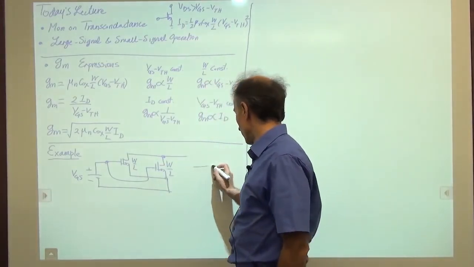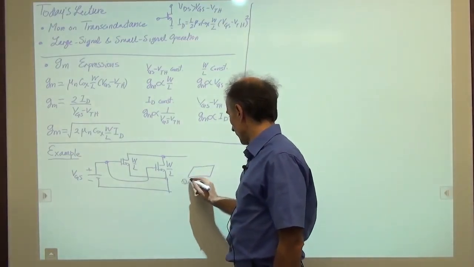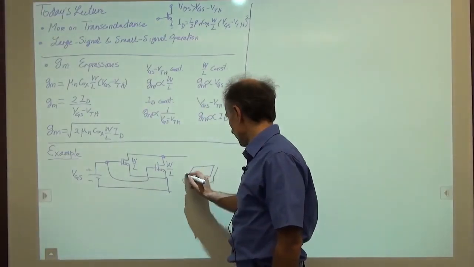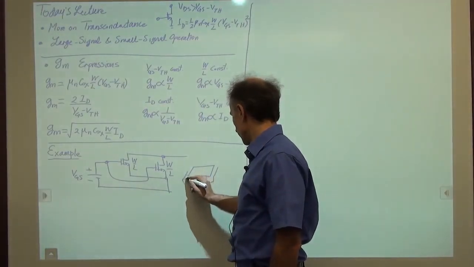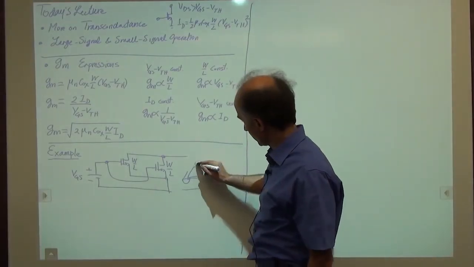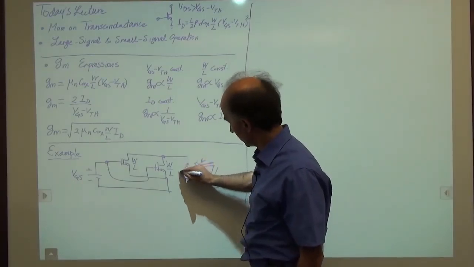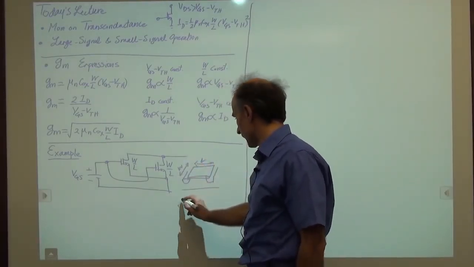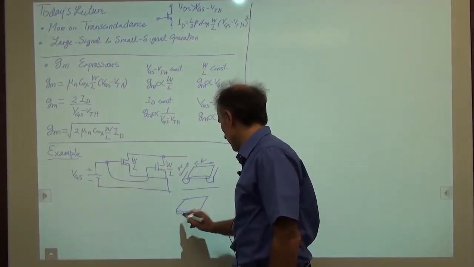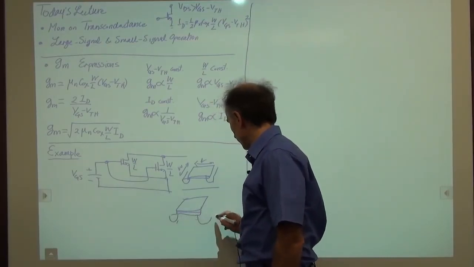So here's the MOS structure that we have developed before in 3 dimensions, approximately. So this is W, this is L, and this is W. And now I take another one, exactly the same, and I place these two in parallel.